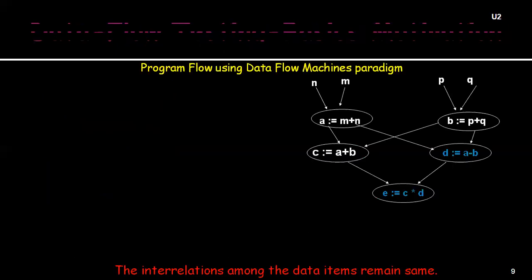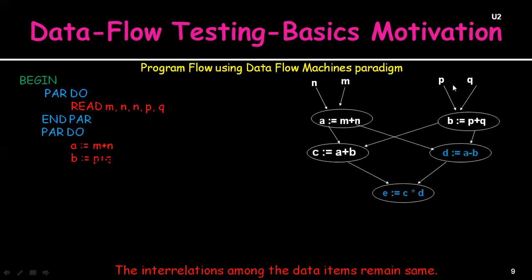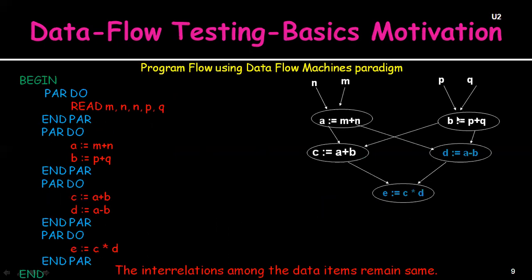Here we read the values N, M, P, Q. Then we compute A is equal to M plus N and B is equal to P plus Q in parallel. At the same time, in parallel, we compute C is equal to A plus B and D is equal to A minus B. Finally, we calculate E is equal to C star D. So in just three steps, we are able to calculate the E value using parallelism. This is a great advantage.